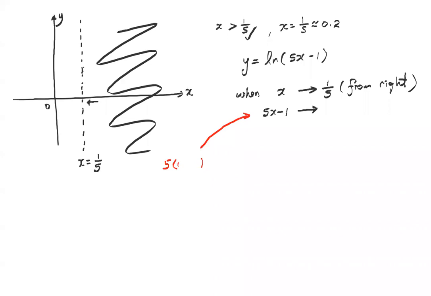So I will say 0.20001. Can or not? This is very close. So this is my x. When I say approach from the right, it means x must be more than 0.2, but very close.